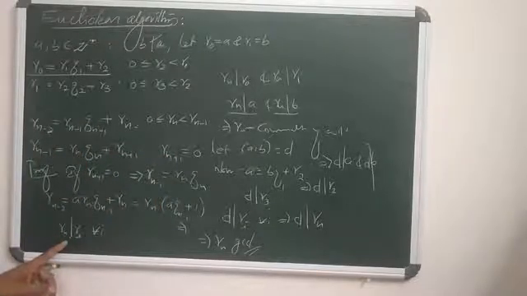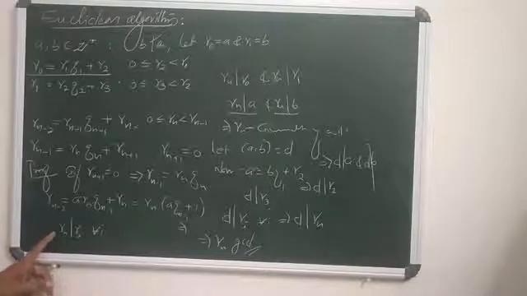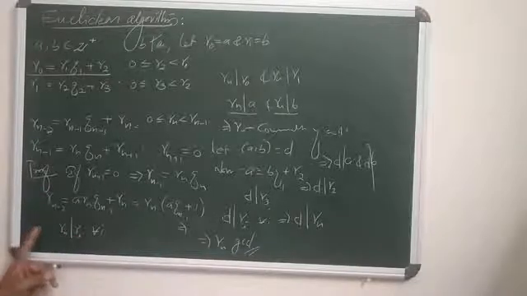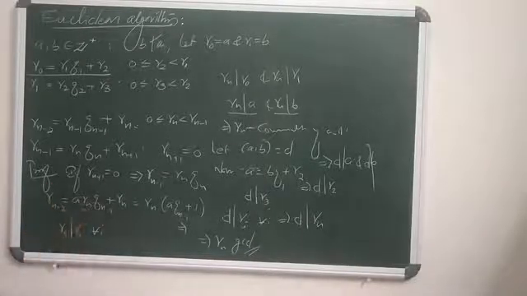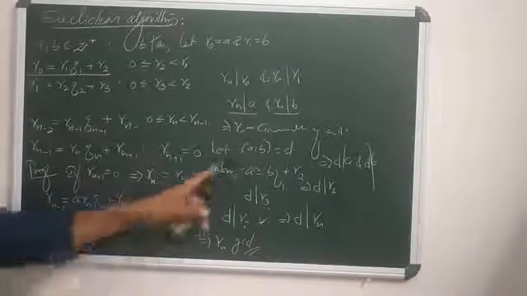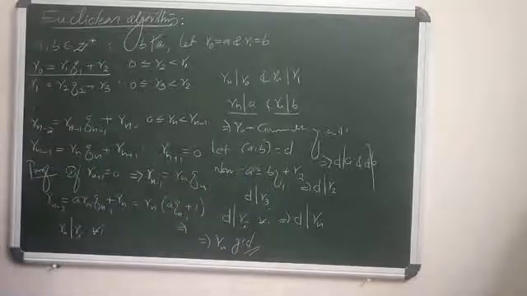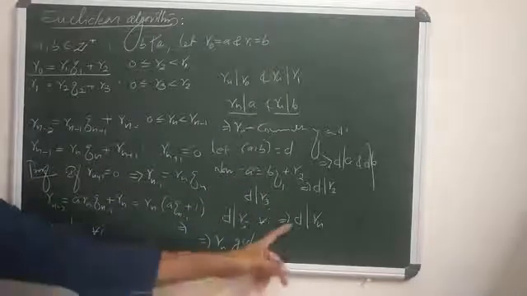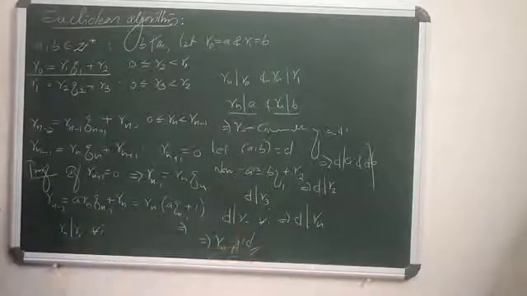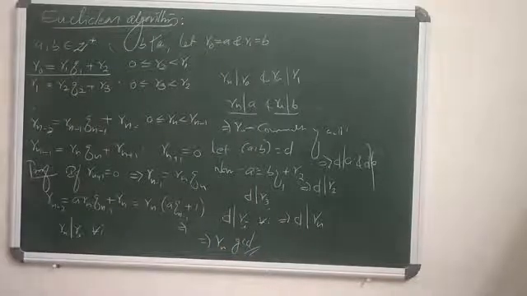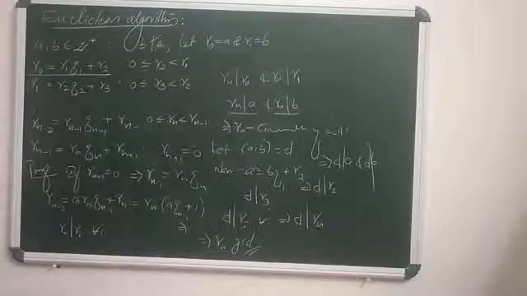In particular, Rn divides R0 and R1, meaning Rn divides A and B. Therefore, Rn is a common divisor of A and B. Now it remains to show that Rn is the greatest common divisor. If possible, let there exist another divisor D. Then we have D divides Ri and D divides Rn. Therefore, Rn must be the greatest common divisor. So this is our requirement.